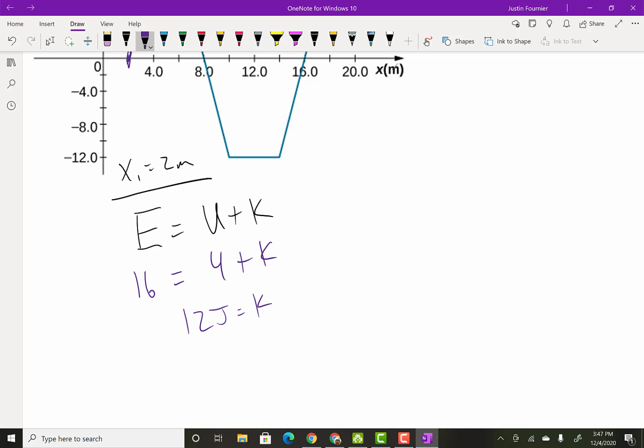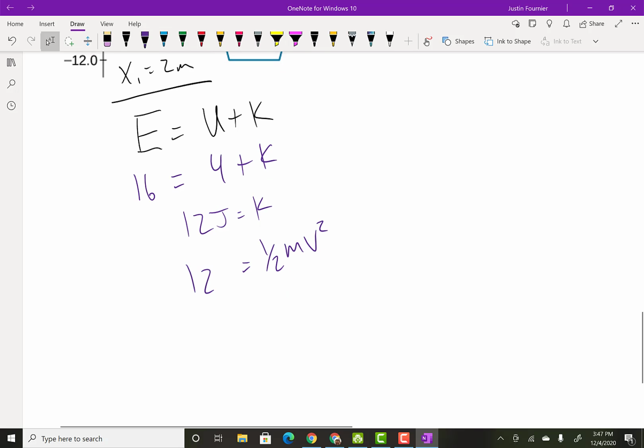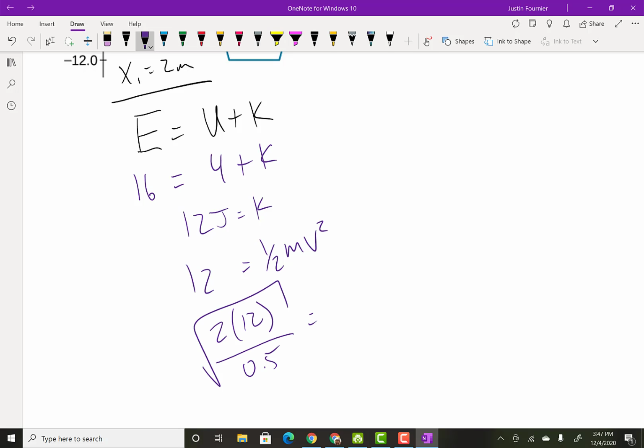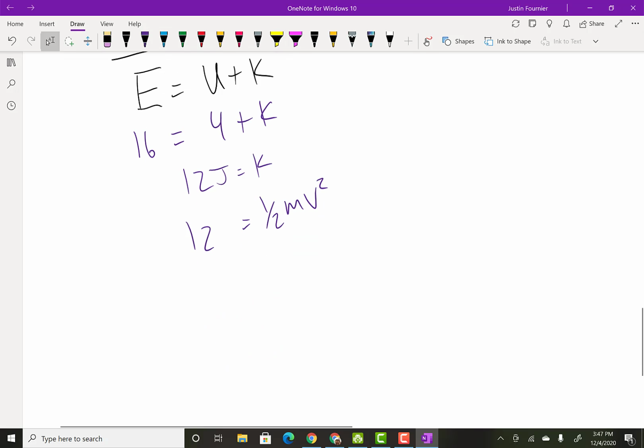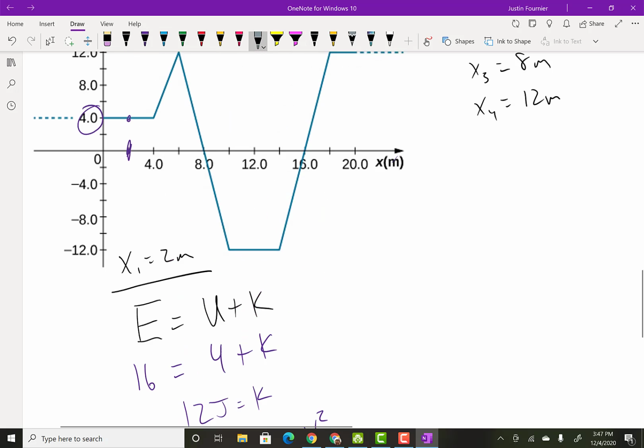But they want the speed, right? Well, luckily, kinetic energy is 1/2 mv squared. So this is going to be 2 times 12 divided by the mass, which is 0.5, because they told me the mass of the particle is 0.5 kilograms back in the beginning of the problem.